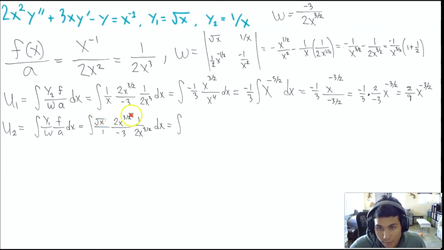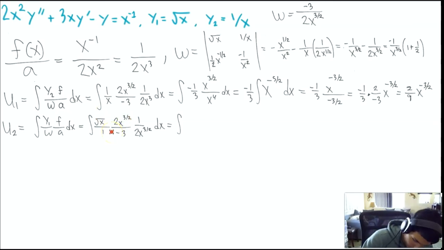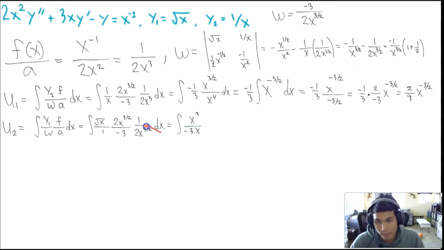Half power times a 3/2 power. We add the two powers. And by the way, the 2's can go away. We get x over 3 divided by negative 3x to the, by the way, this is not 3/2. Why do I keep writing it as 3/2? It is 3.